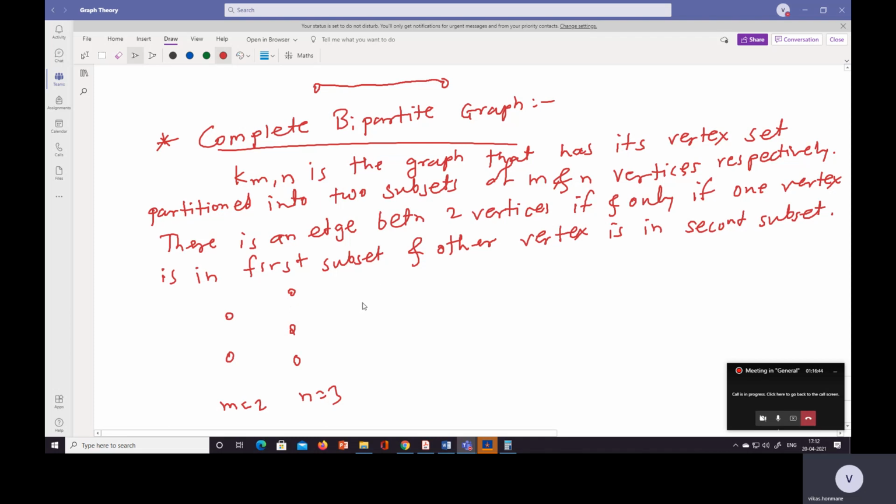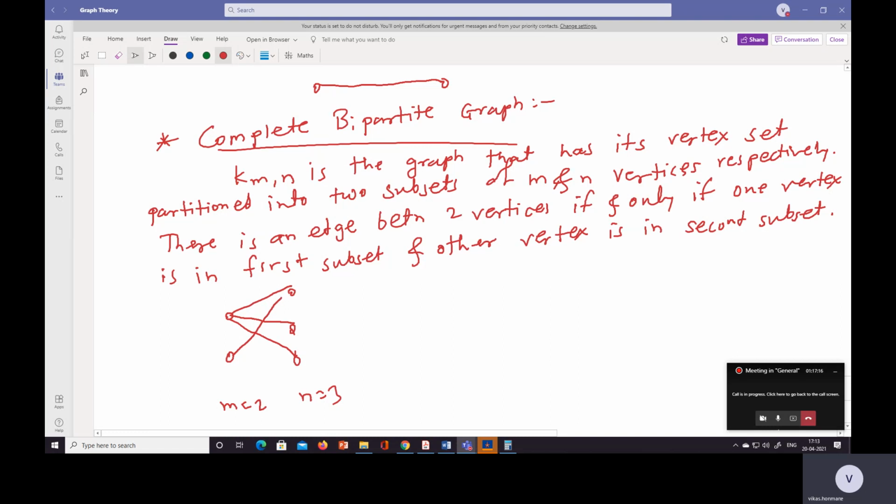There is an edge between two vertices if and only if one vertex is in the first subset and the other vertex is in the second subset. So we have these edges from one subset to the other subset.